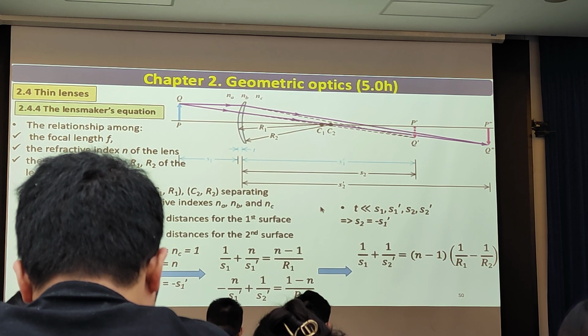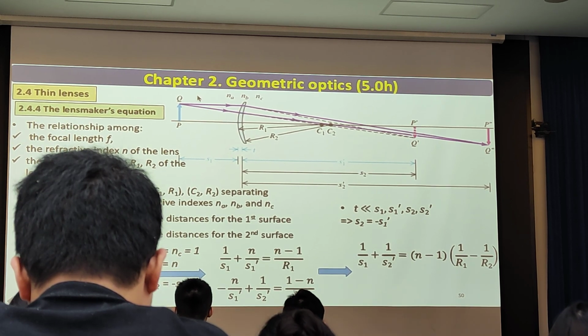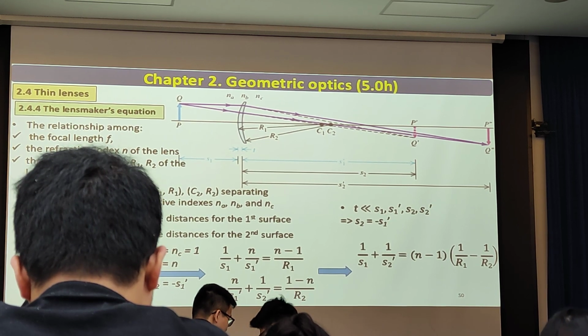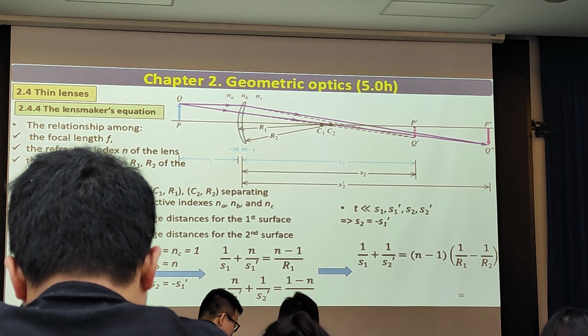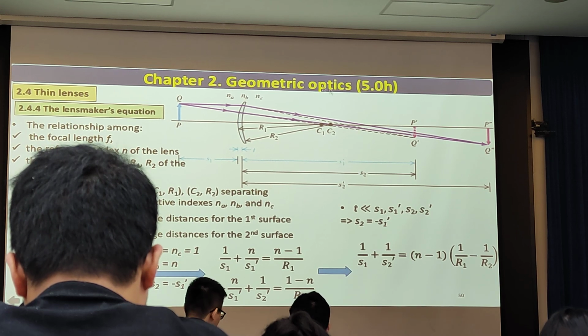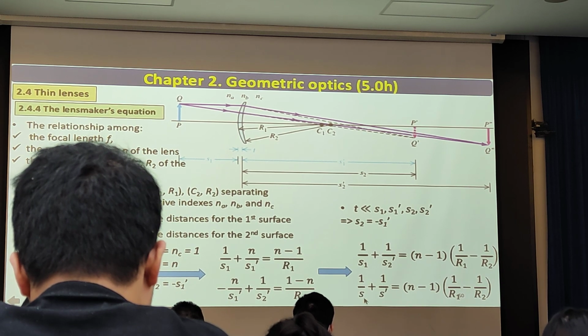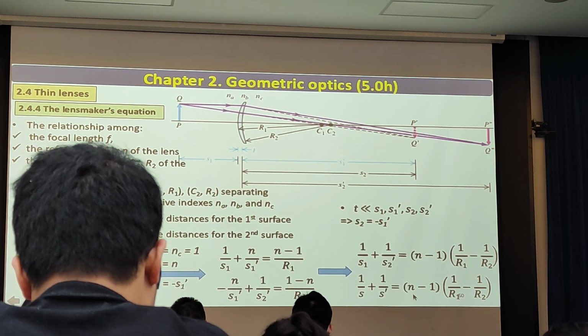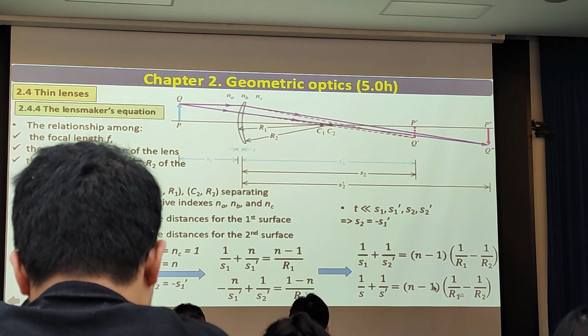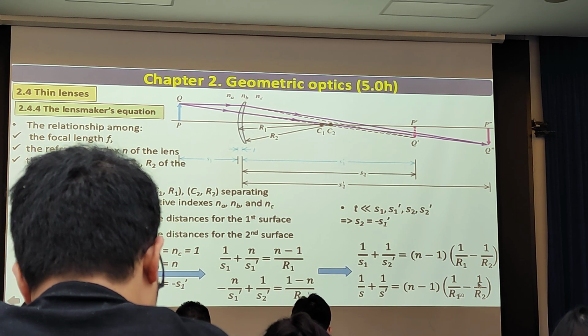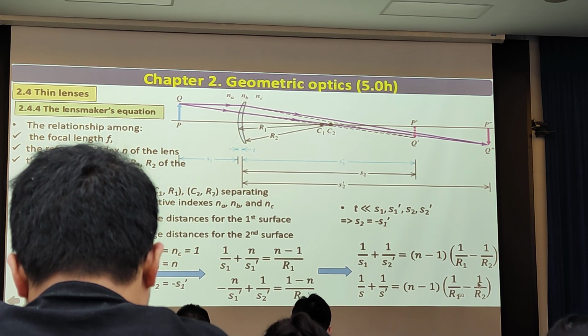And if we consider this system as PQ is the object, and P prime prime, Q prime prime is the final image of this lens with the material n, you can deduce that 1 over S plus 1 over S prime equals n minus 1 multiplied by 1 over R1 minus 1 over R2. And 1 over S plus 1 over S prime equals 1 over F. You remember?